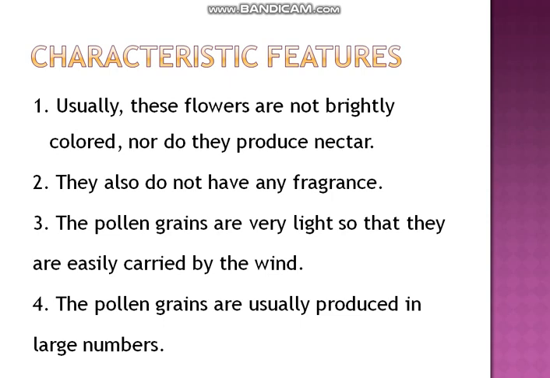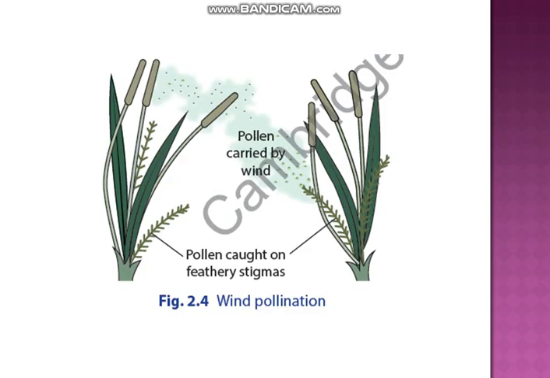The pollen grains are very light so that they are easily carried by the wind. Pollen grains are usually produced in large numbers. Here you can see the examples of wind pollination.